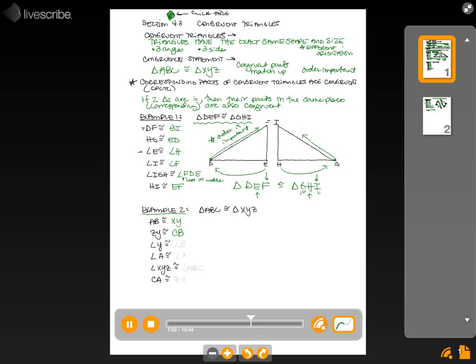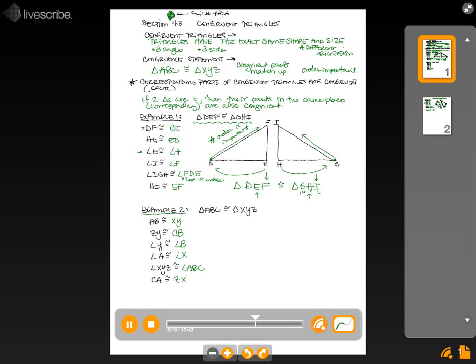CB. Angle Y is in the middle, so it's going to be angle B. Angle A is first. The first letter in the other triangle is X, so angle X. Angle XYZ, that goes first, middle, last, so angle ABC. And then CA goes from the last to the first, so it would be ZX.